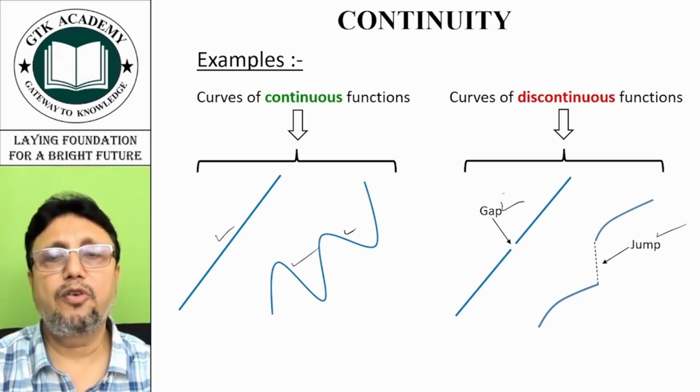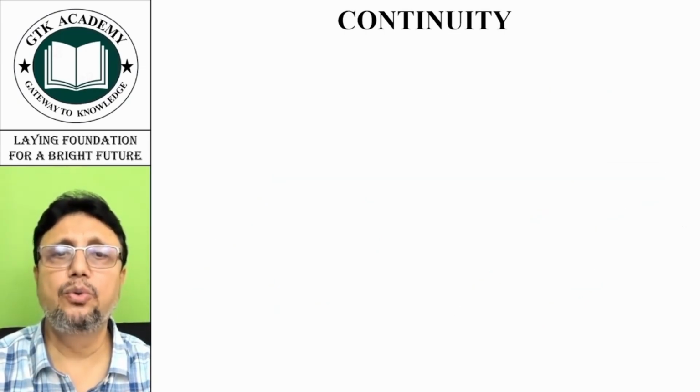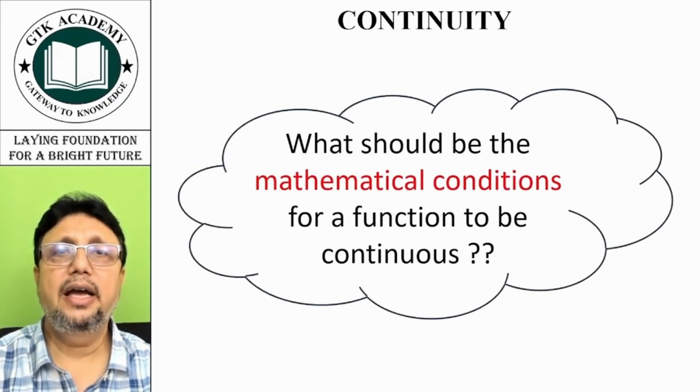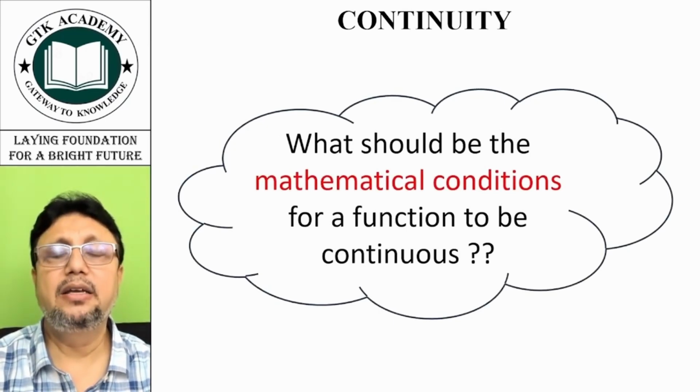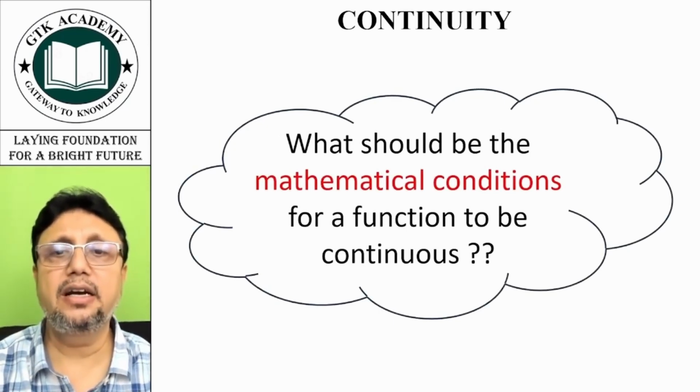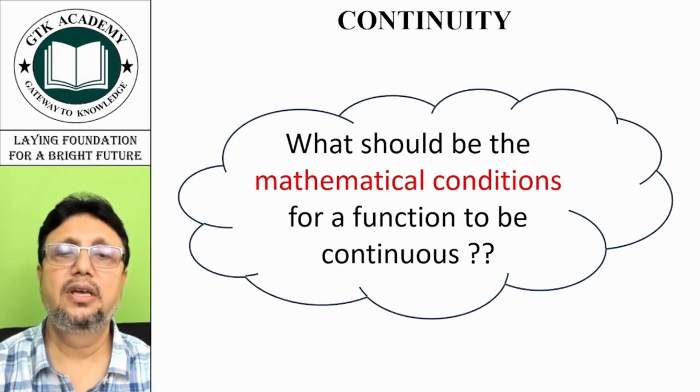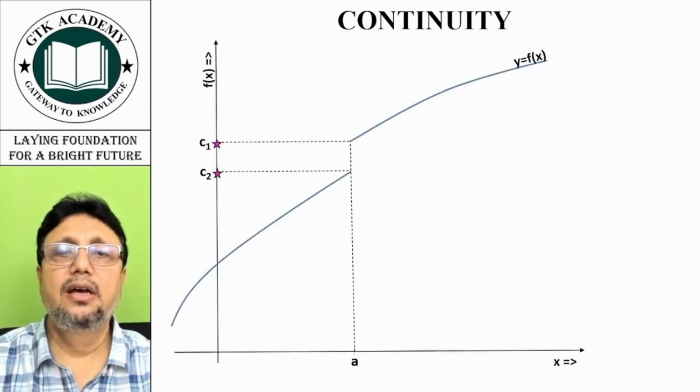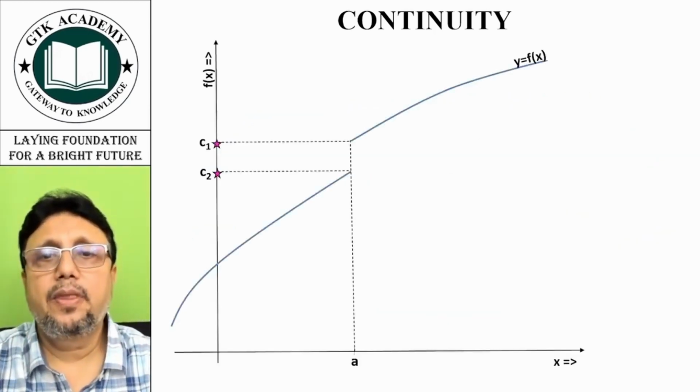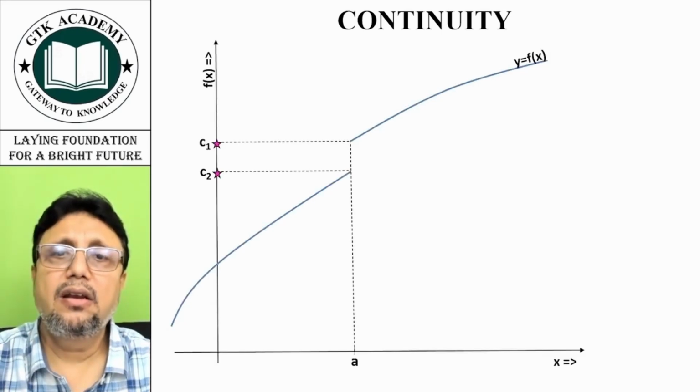Say we are drawing the graph of a function, but if we want to establish it mathematically, that means what should be the mathematical condition for a function to be continuous? Now there is a figure, the graph of a function y equal to f of x, in front of you.